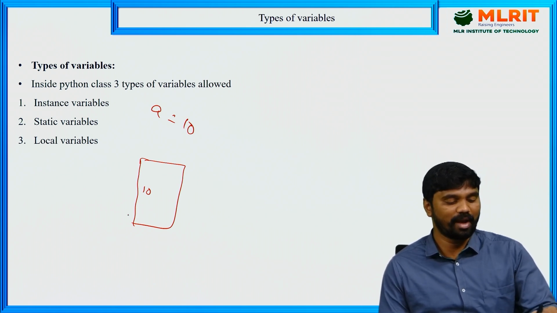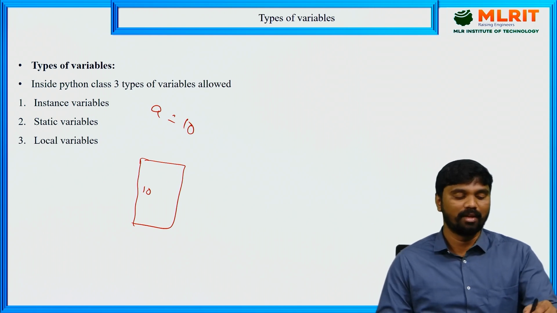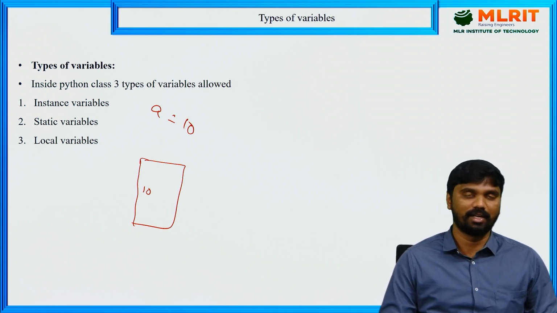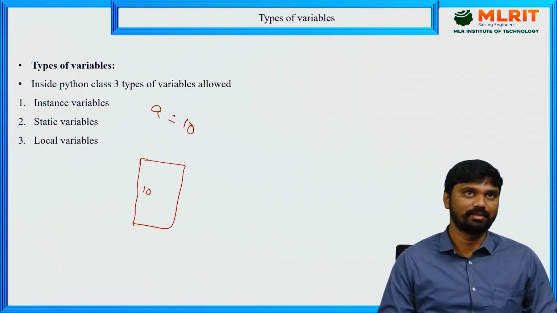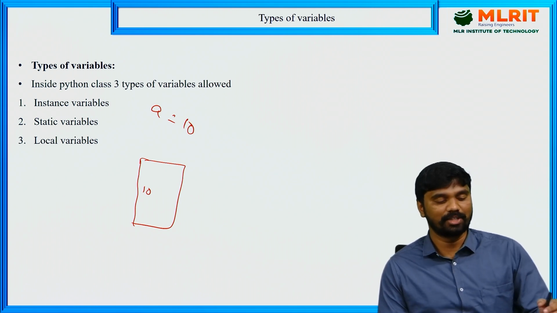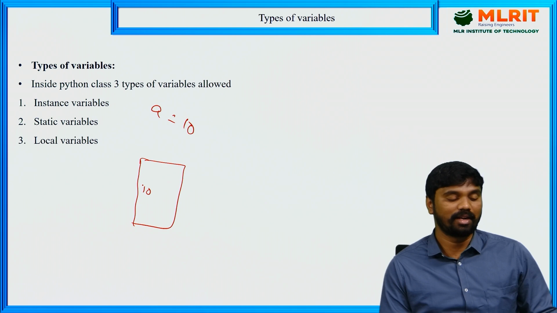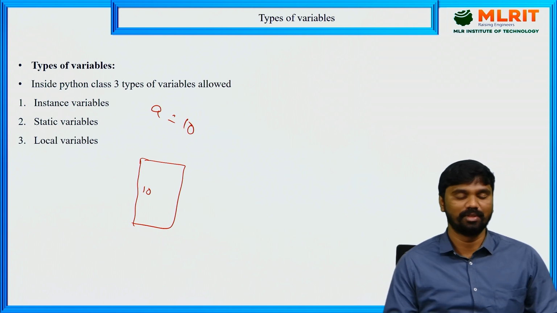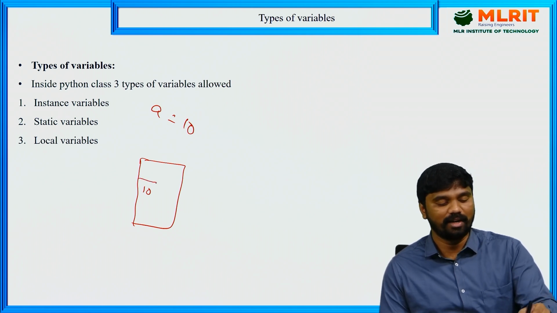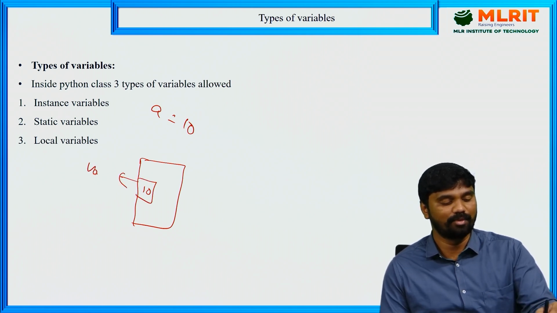If I want to access this data or perform some operation on it, then how can I access it? That's why we require an address. That address represents where the data is stored.